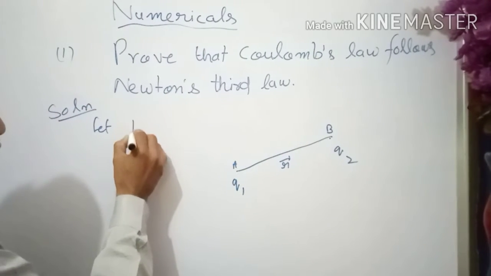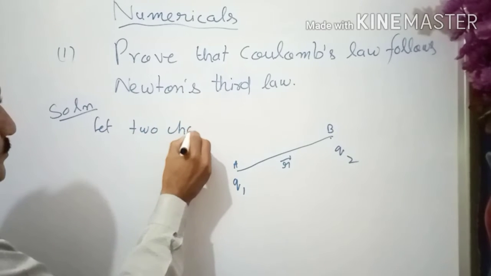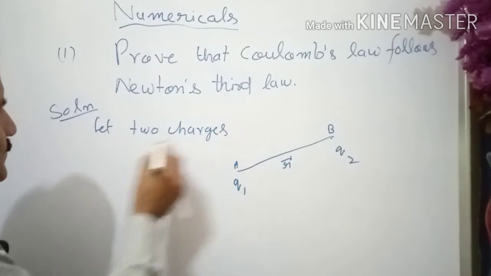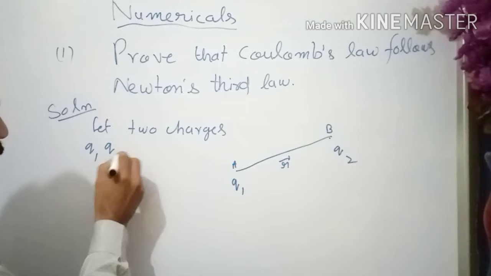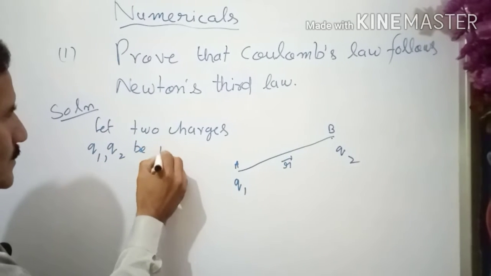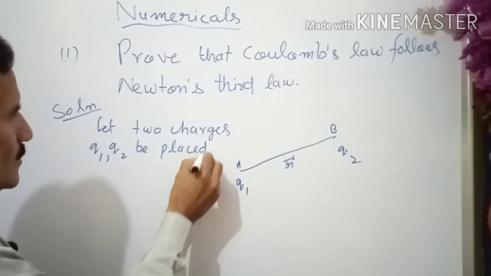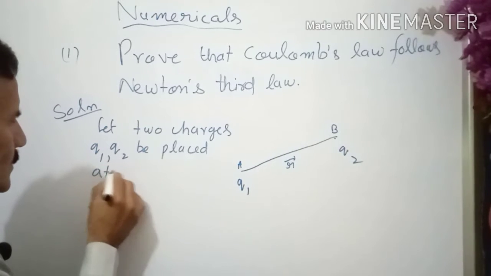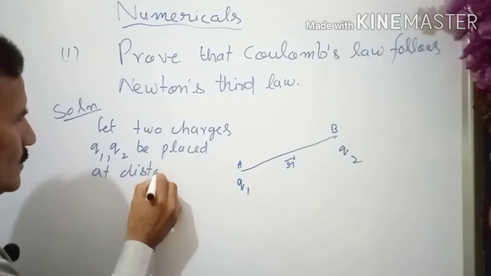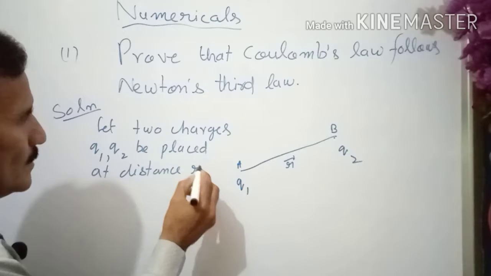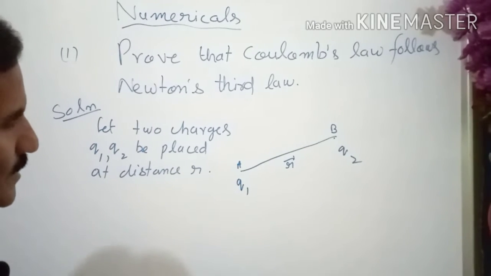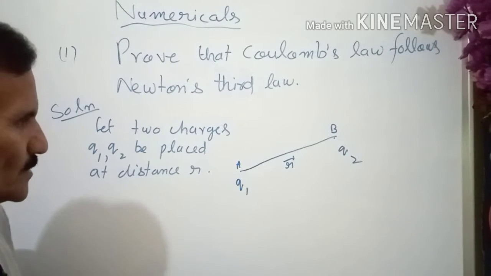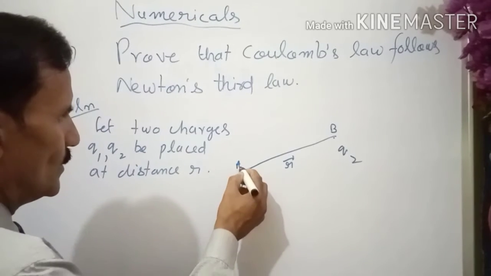Let two charges Q1, Q2 be placed at distance r. Suppose we are taking free space, meaning air or vacuum.